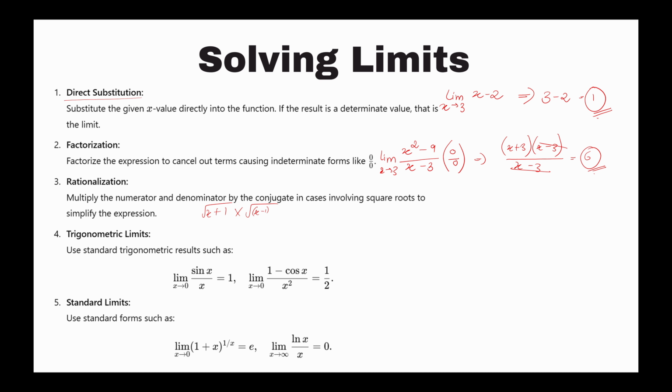So changing the sign in any one of the terms makes it a conjugate of the other. If you multiply those two, it would rationalize and then give you your answer. Again, whenever you directly substitute the value x is tending to in the function and it forms an indeterminate form, that time you use rationalization as well.